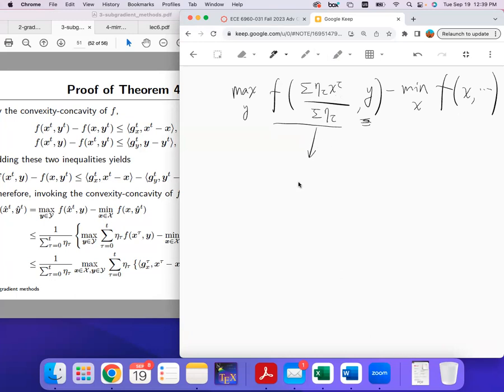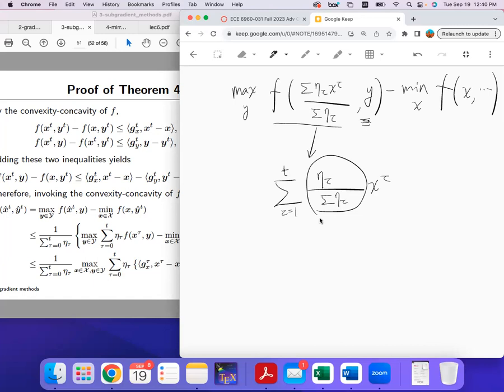This is basically the sum over eta tau x tau divided by the sum over eta tau. You can check this is a convex combination because these coefficients are non-negative and sum up to 1 when you sum over tau.